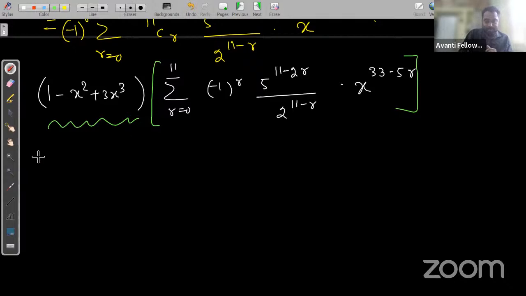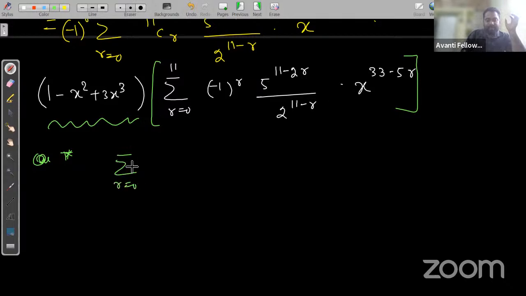So first option, case one. First we are multiplied with 1. If you multiply with 1 the whole binomial expansion, what we are getting?